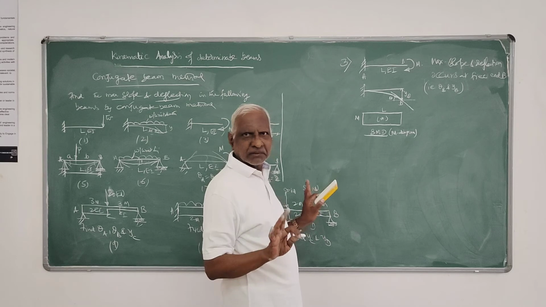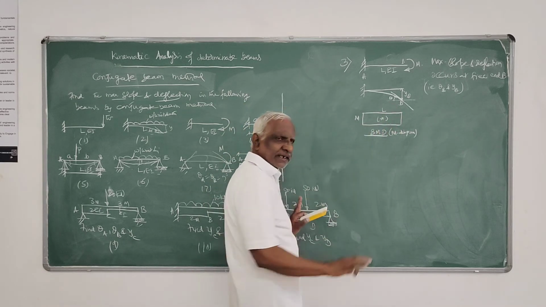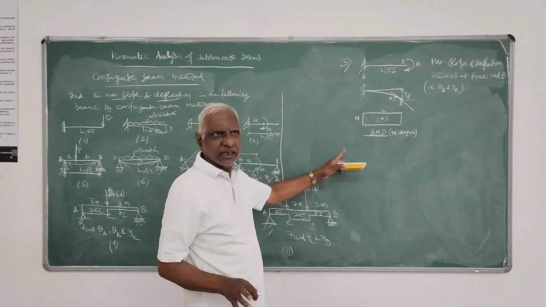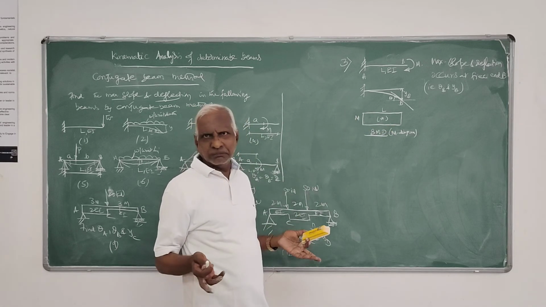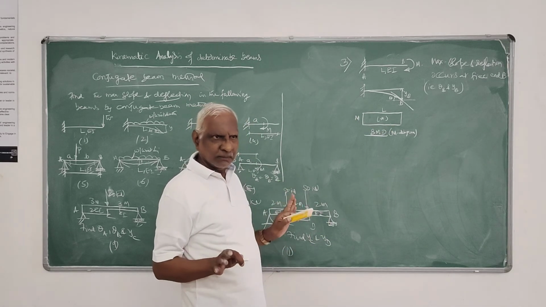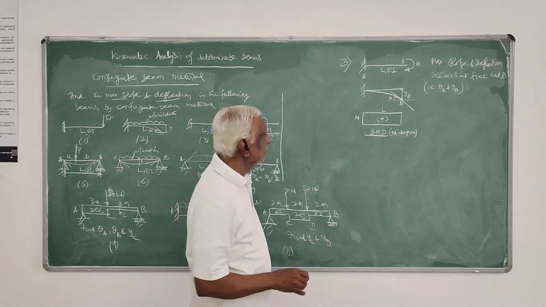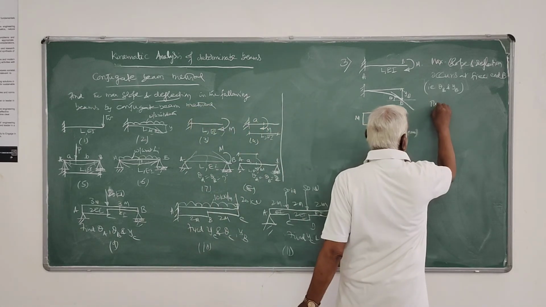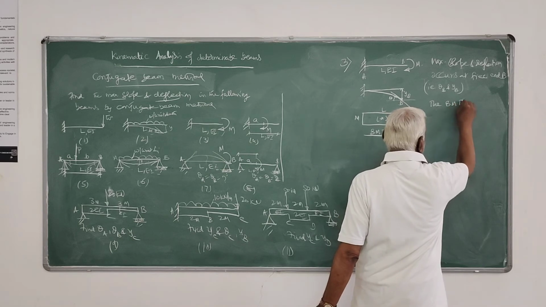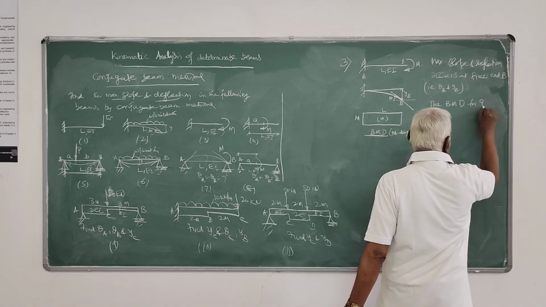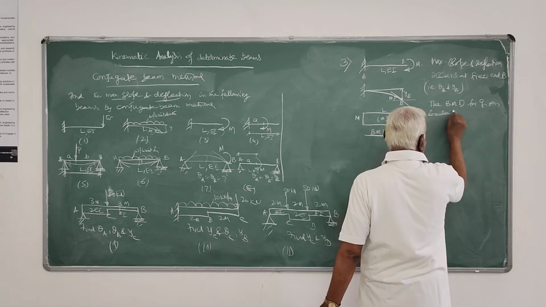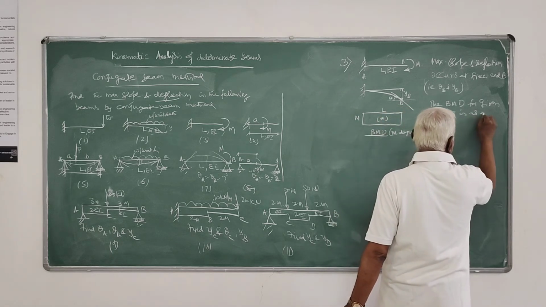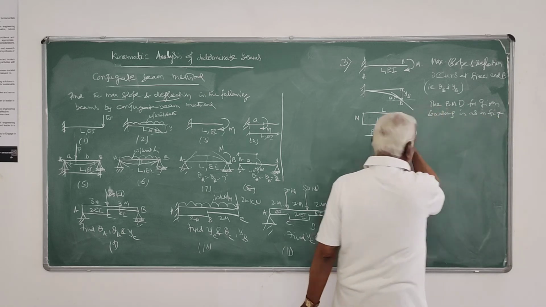So at that point this total area will be acting. The bending moment diagram area will be L into M. That much you remember. So you can say here the BMD for the given loading is as shown in the figure.